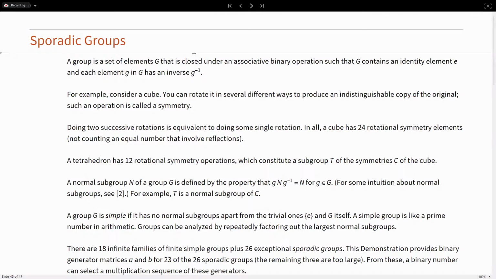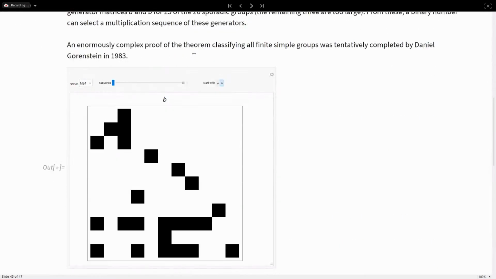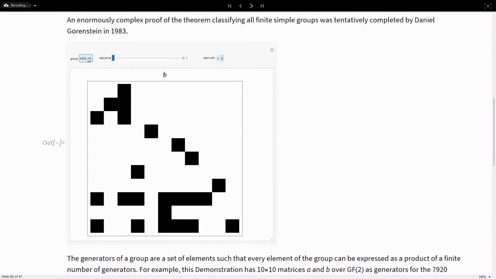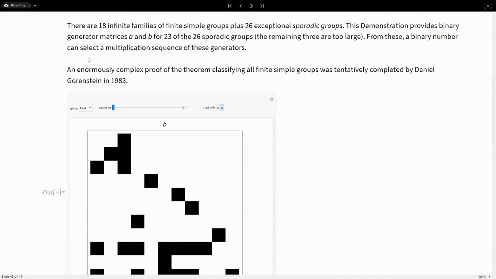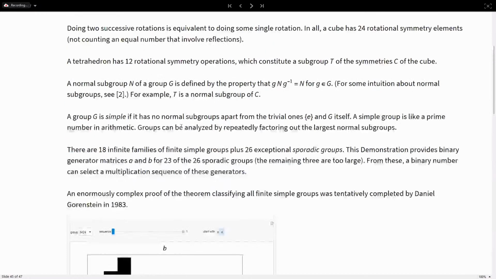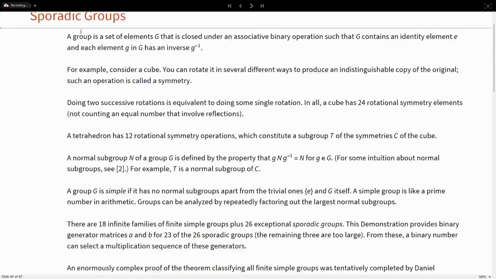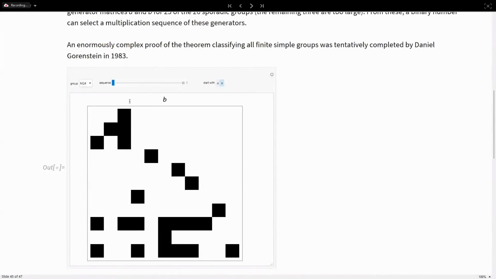And we can also look at group theory objects with the sporadic groups. There's 26 known sporadic groups. There's an explanation for what a sporadic group is at the sporadic groups demonstration.